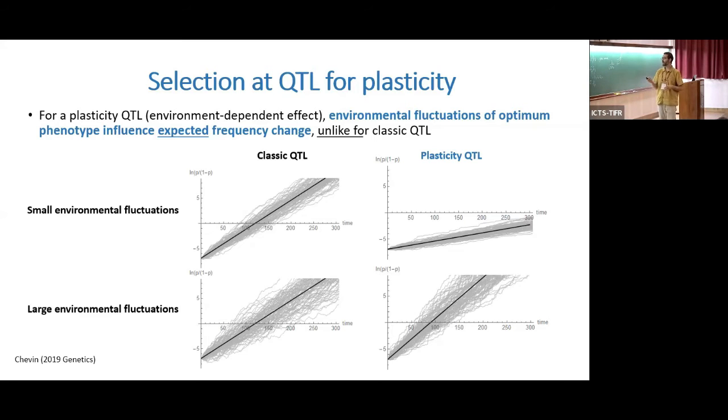And here, the expected trajectory of the mutation that causes a change in plasticity, if plasticity is suboptimal in the genetic background, and then you have a mutation that's closer to the most adaptive plasticity in this regime of fluctuations, then increasing the variance of fluctuations will increase the mean selection on this plasticity QTL, for instance.